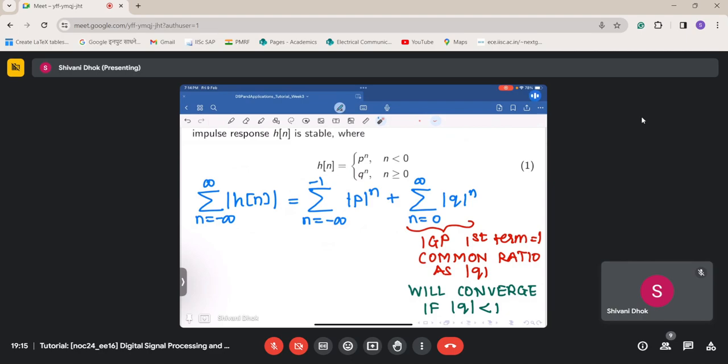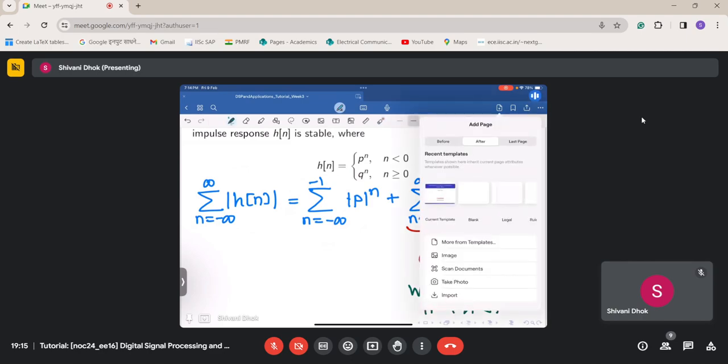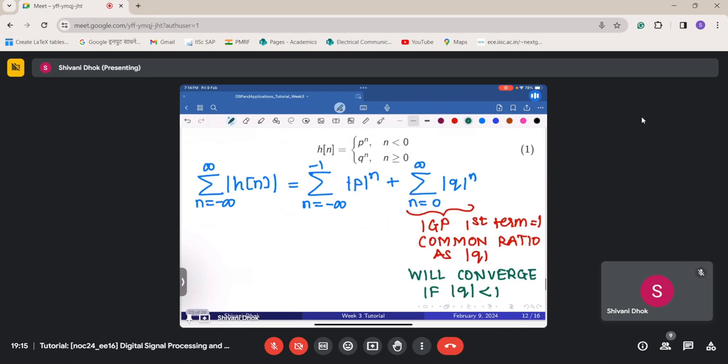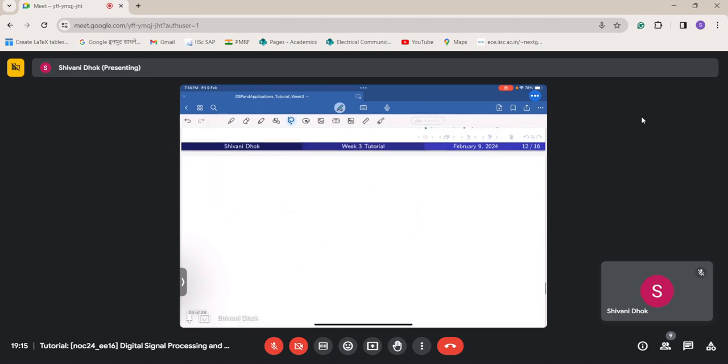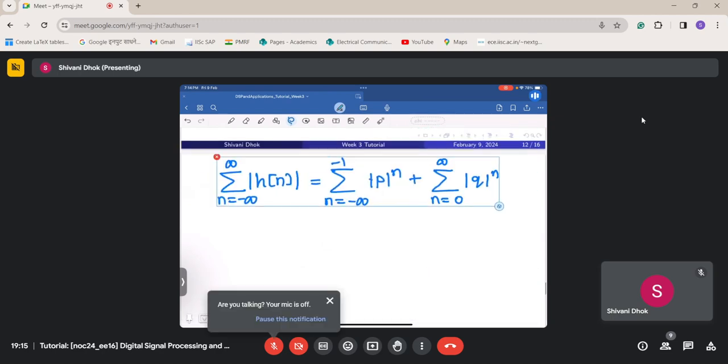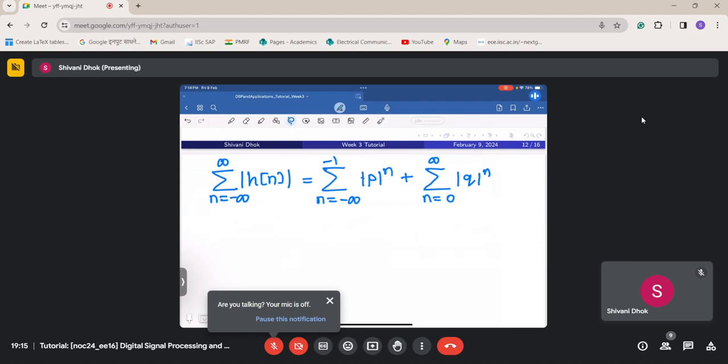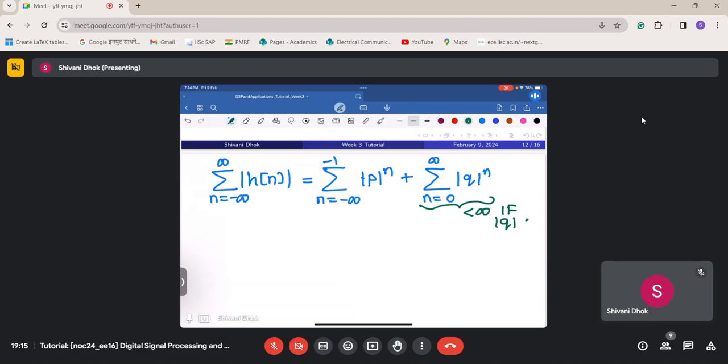Let me add a page. We have this term, and we saw that this is less than infinity if magnitude of q is less than 1.